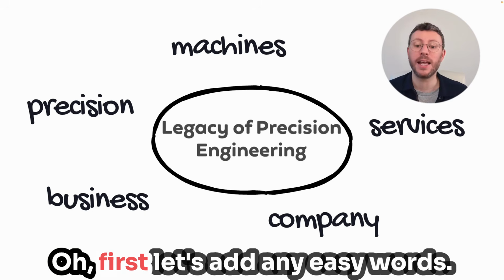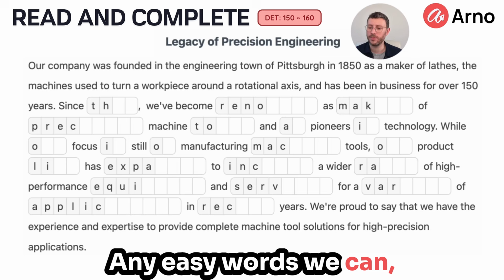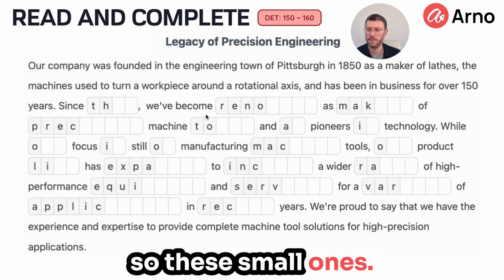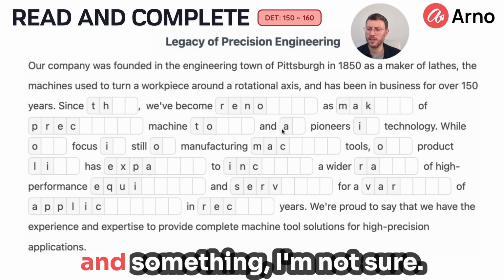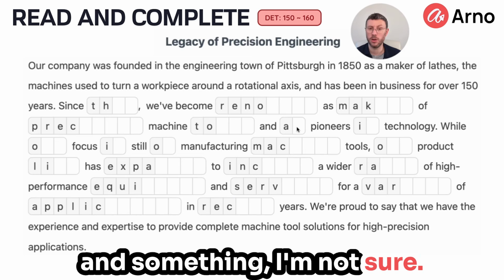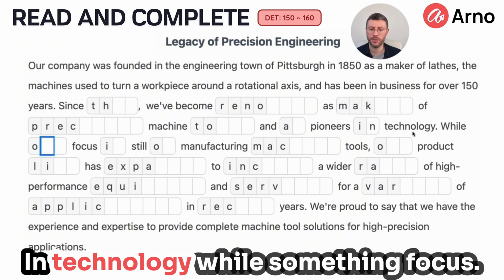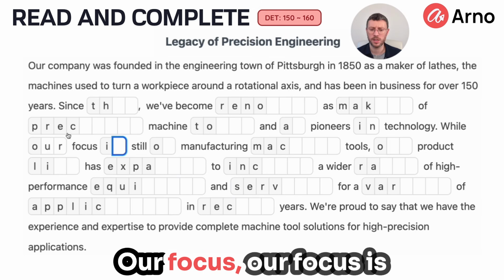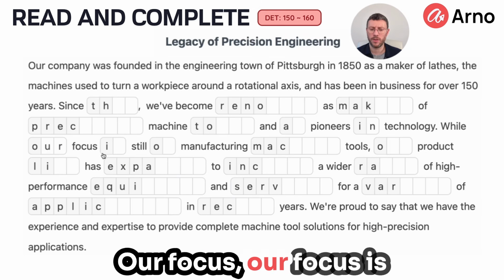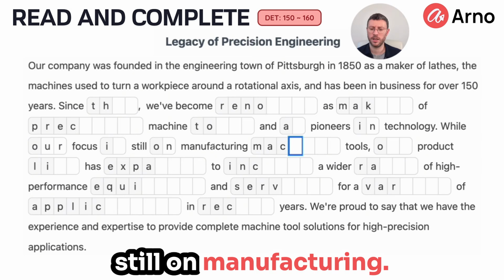Oh, first let's add any easy words we can. So these small ones: something machine, something, and something, I'm not sure. Something pioneers in technology, while something focus, our focus still on manufacturing.